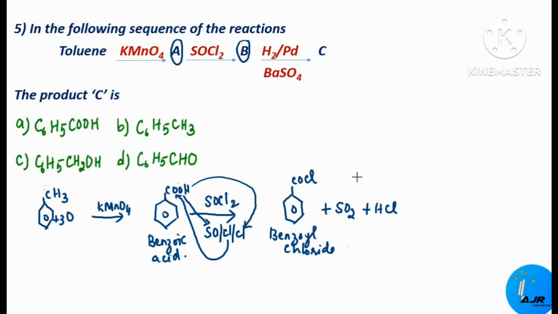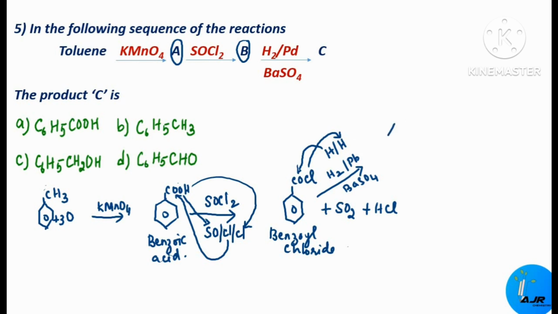See this benzoyl chloride, which when treated with hydrogen, then palladium and barium sulfate, when this reaction is taking place, what's happening? For your understanding, I'm splitting this hydrogen like this. This hydrogen is attached to this one, and this chlorine gets attached to this one.